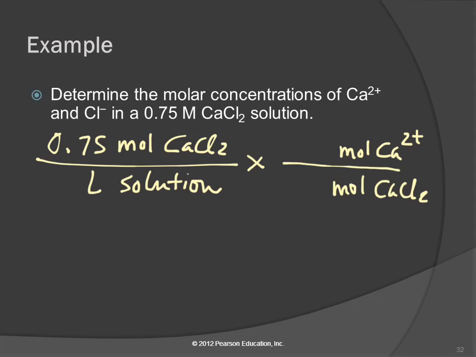When we look at the formula CaCl2, we see that there's 1 calcium ion for every formula unit of calcium chloride. And so these end up being 1s. And so you're like, well, that was a stupid calculation. It came out to be the same. Well, yeah, it did. So it's 0.75 moles per liter calcium ion. But what about the chloride?